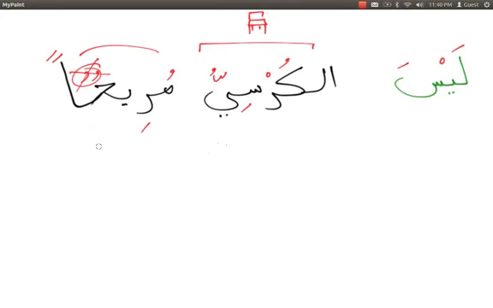So, laysa al-kursiyu murihan. Okay? So when you hear the word laysa, that means that whatever comes after it is not true. Al-kursiyu murihun means the chair is comfortable. Laysa al-kursiyu murihan, it means the chair is not comfortable. Perfect.